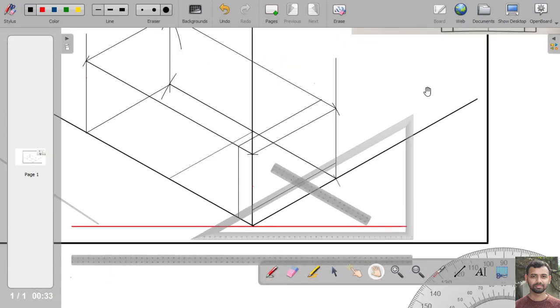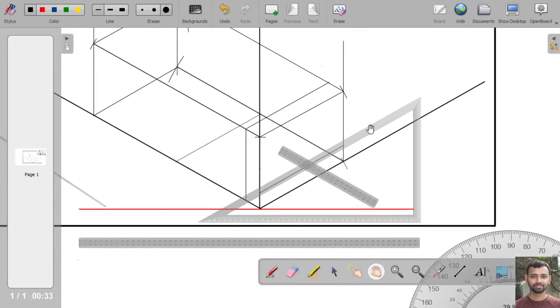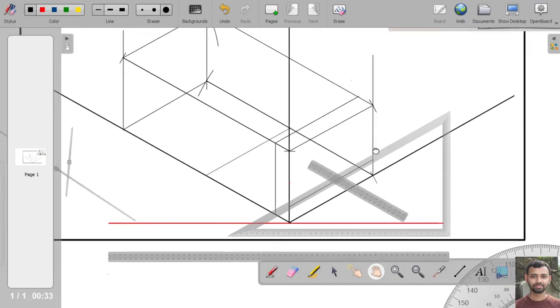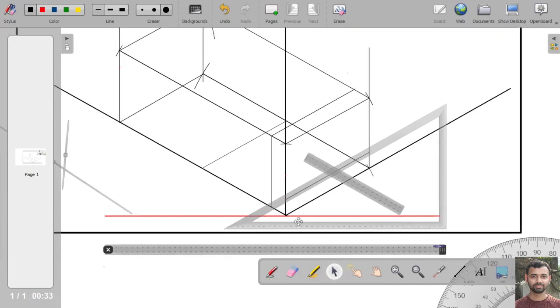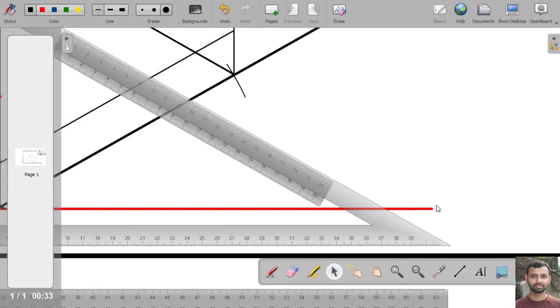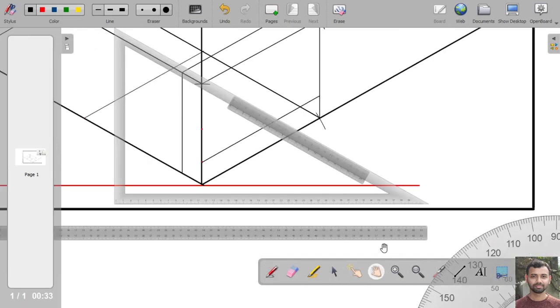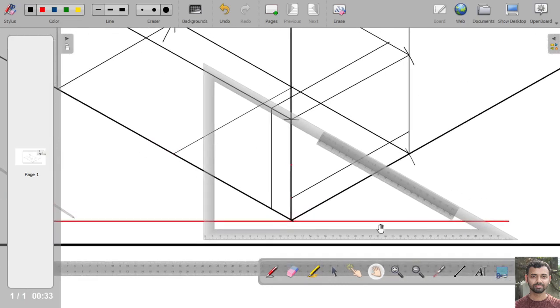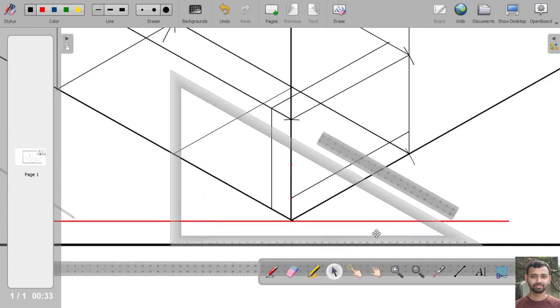So to draw these isometric lines, we can take help of this set square. With the help of this set square, we can draw these lines.